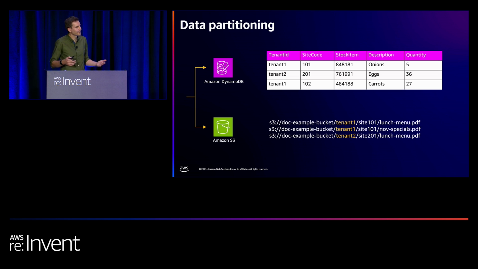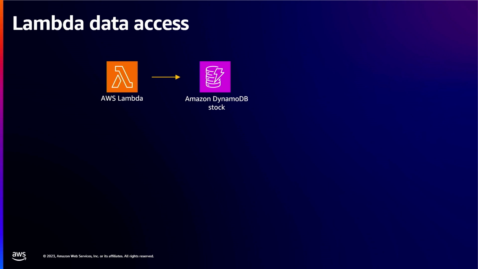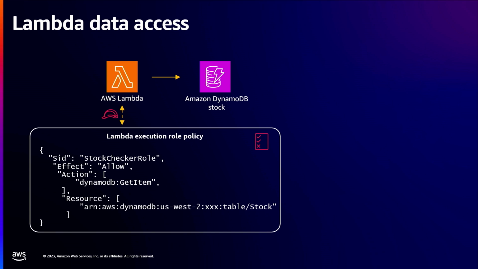So now we know how the data is stored, let's think about how we access it. Well, this is a serverless architecture, so we're going to use Lambda to access the data. And when we access services in Lambda, we have this thing called an execution role, which has an IAM policy assigned to it. Now, in this example, the policy allows us to get items from the DynamoDB table, the stock table.